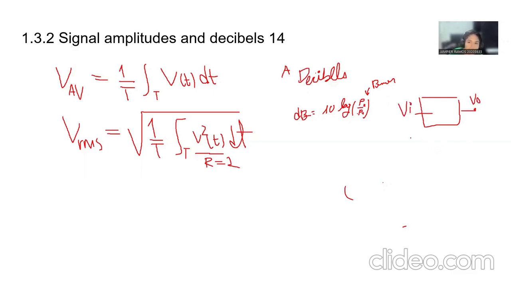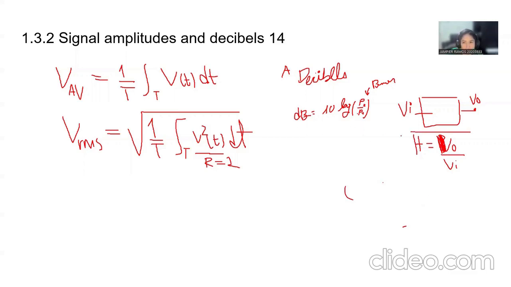We have our transfer function, H equal V output over V in, and that's nice. But we also have the relation between powers, which is with decibels.